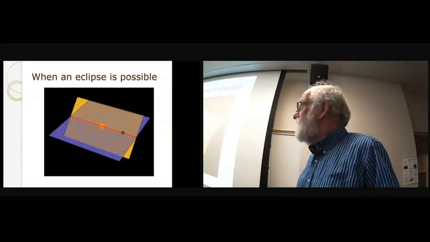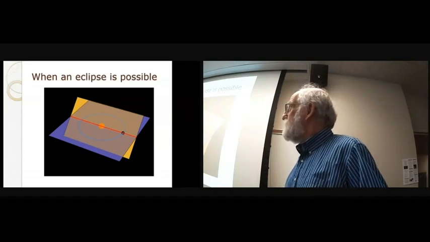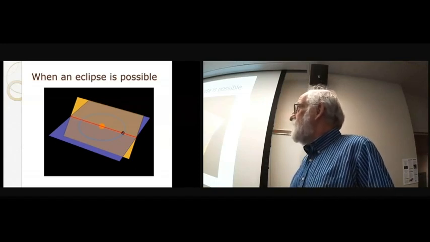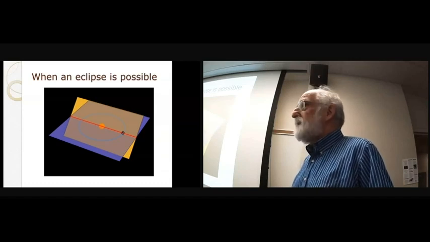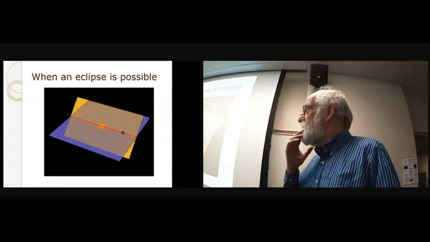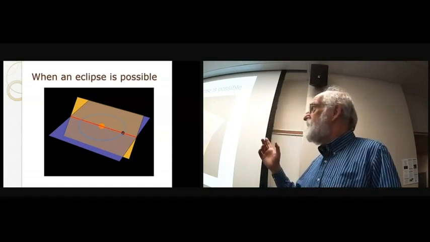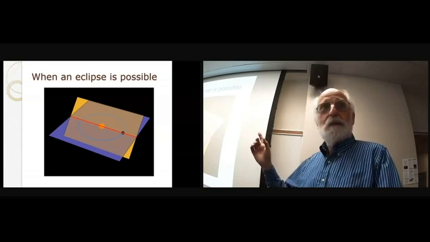So here's a picture to indicate when an eclipse is possible. The line of intersection of those two planes would have to pass through the sun. Of course, the line is guaranteed to always contain the Earth because the Earth is in both planes.